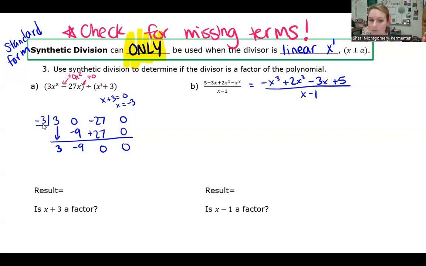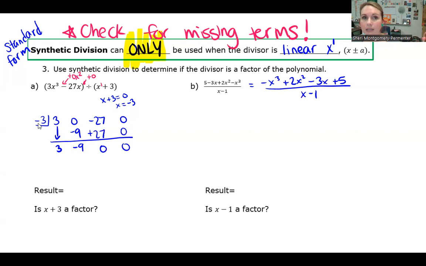So I'm going to go through the steps again. First step, drop it like it's hot. 3 times -3, -9. 0 minus 9 is -9.